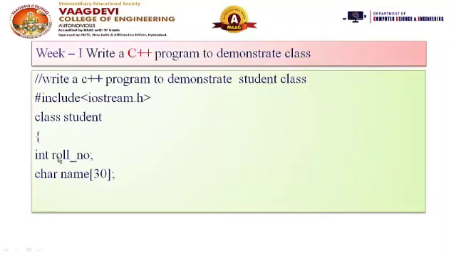Hence the variables roll number and name are private data members of the student class. Private members cannot be initialized directly. They should be initialized through the member function.